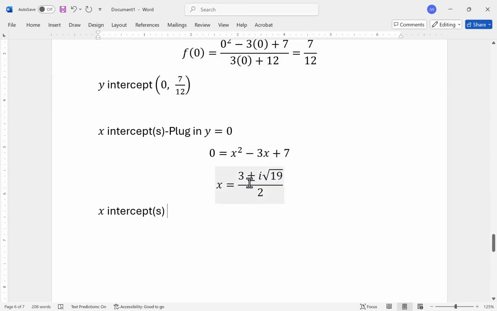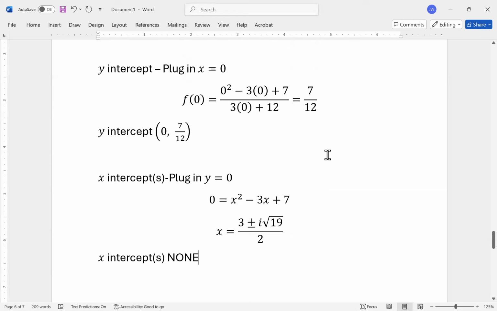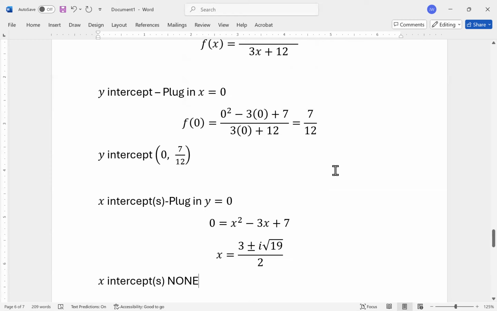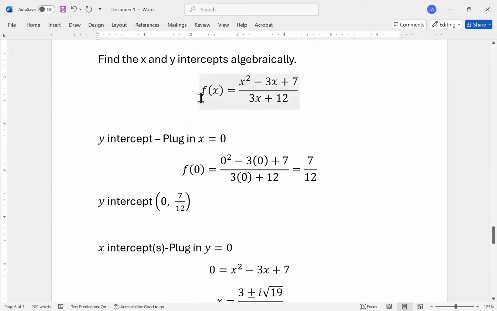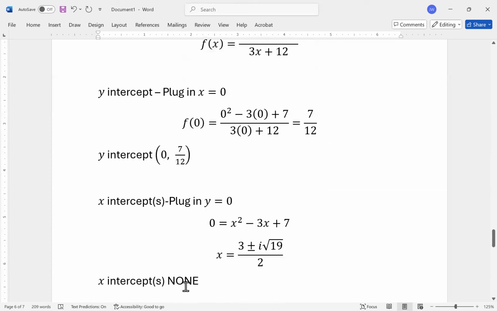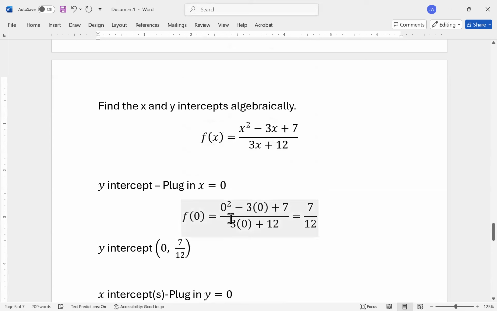So the only solutions where the output becomes 0 are complex numbers with imaginary parts. And that means there are no x-intercepts in this situation. So for this function, what we have is one y-intercept and no x-intercepts.